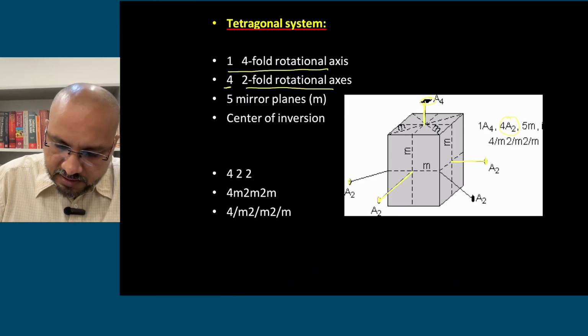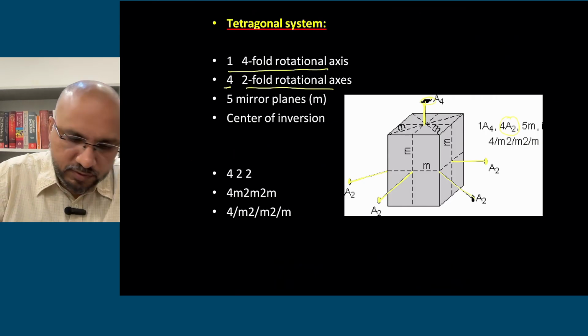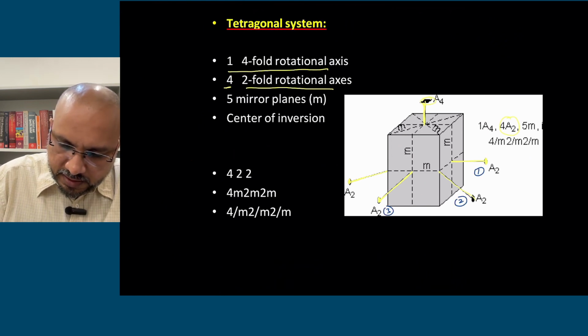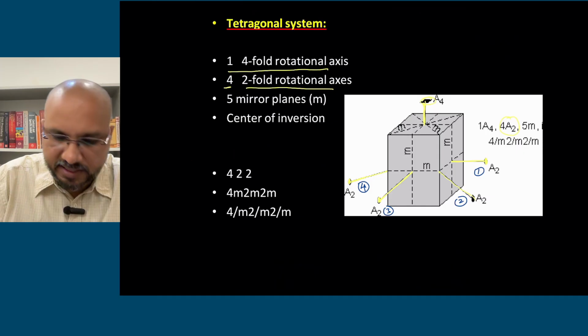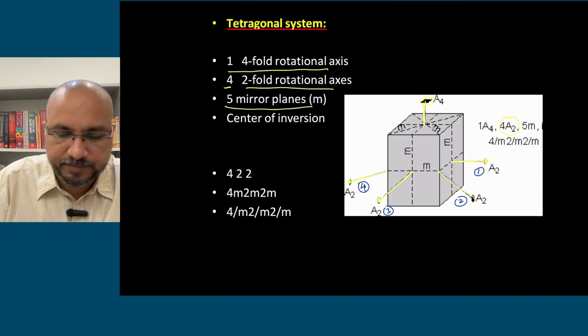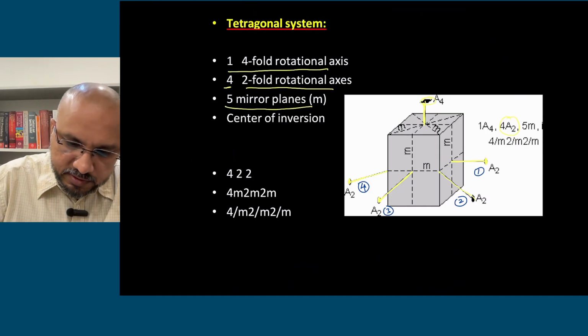Then the third unique two-fold rotation axis is passing through the edge, right? And this is the fourth two-fold rotation axis. So there are four unique two-fold rotation axes: 1, 2, 3, and 4. So the first step is done. Second, you see how many mirror planes are there. There are 5 mirror planes. What are these mirror planes? Which mirror planes?